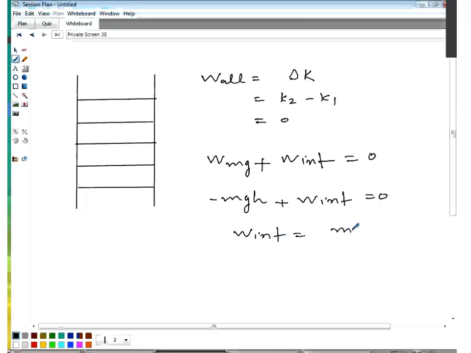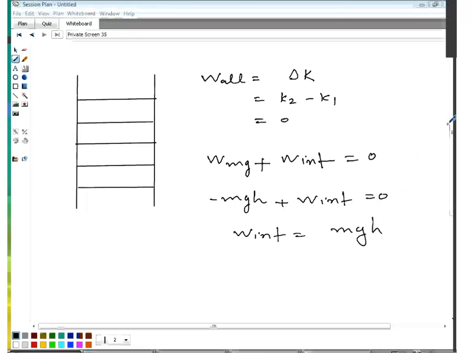So the internal work is mgh. Internal work means the work done by the forces inside the body of the boy. If you have any questions, let me know. I suppose no questions.